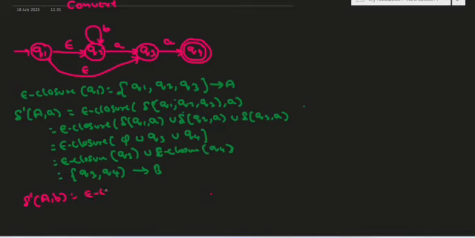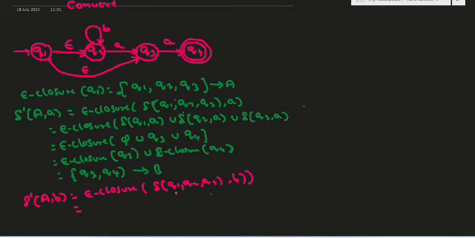That is equivalent to epsilon closure of delta of Q1, Q2, Q3 comma b. Now, when b is applied, what is the possibility here? b can be applied only in Q2. In the rest of the states it cannot be applied, so they result in phi. In Q2, when b is applied, it comes to Q2 itself.